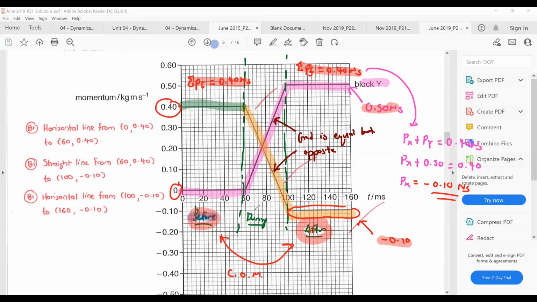And if you look at the steepness, the gradient magnitude, they're actually the same. This implies the force is equal and opposite too. Remember just now I told you when the two blocks were in contact, the forces will be equal and opposite. This is actually being shown by the graph here also. So this is how you deduce from the graph.